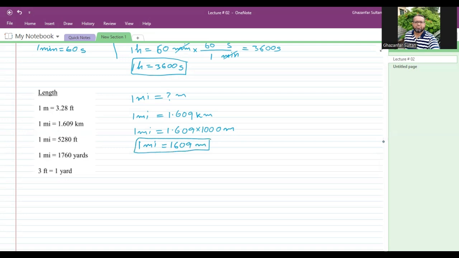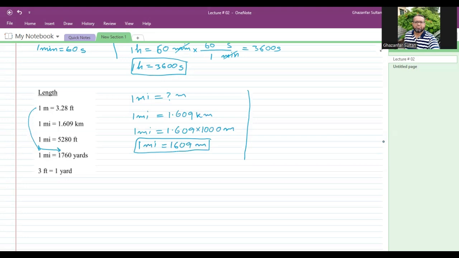So similarly, if you want to develop a relationship between mile and yard, see the relationship between mile and feet.